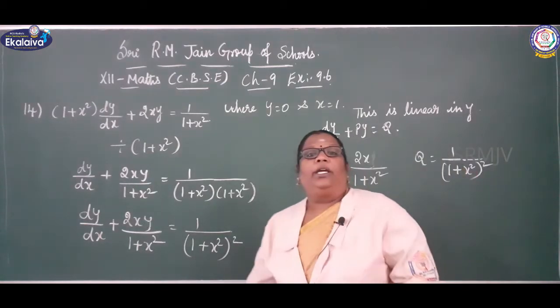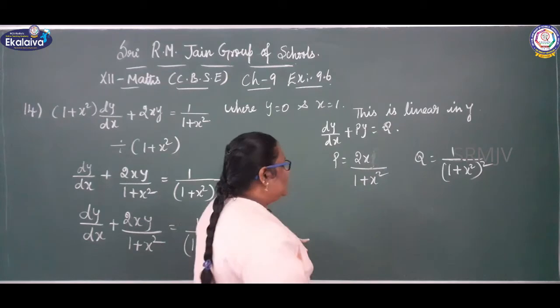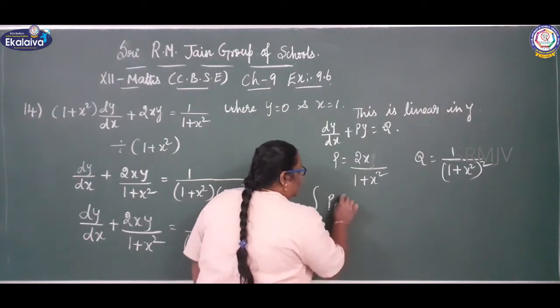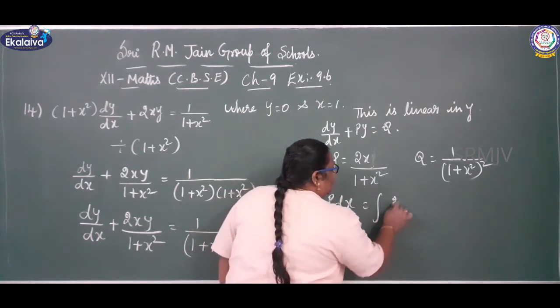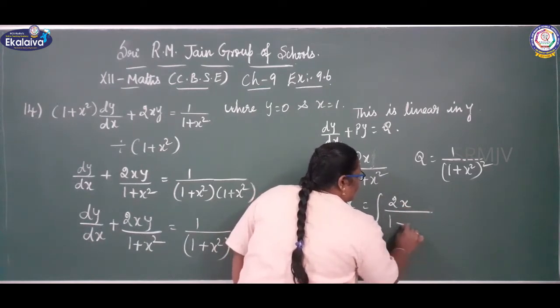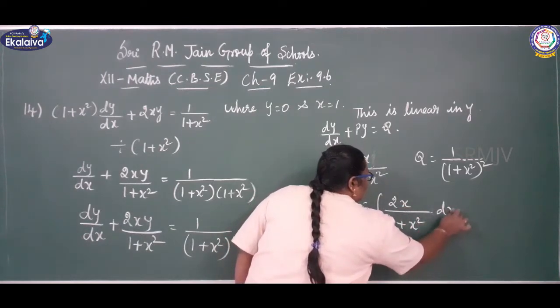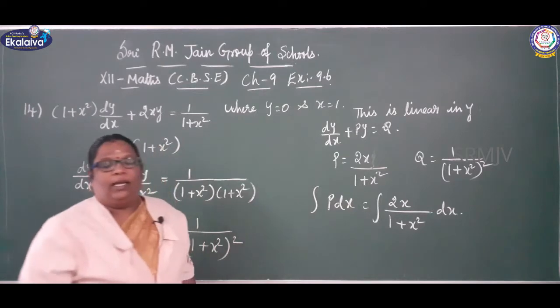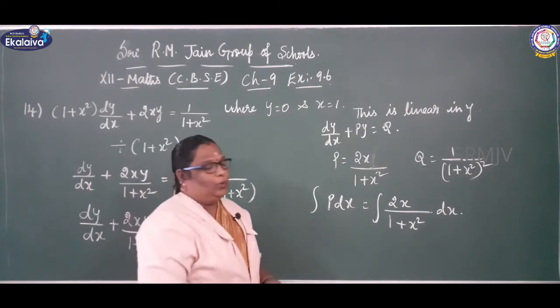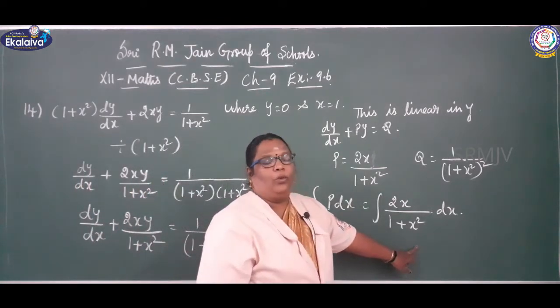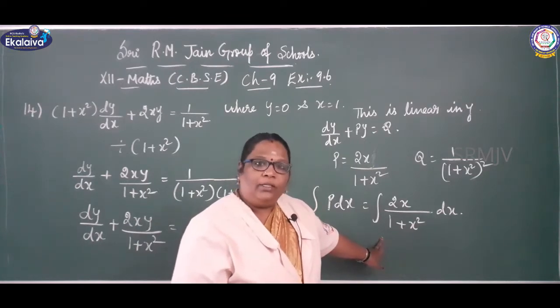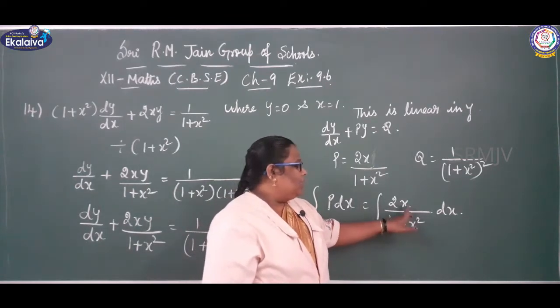Then we move on to the integrating factor, that is integral pdx. Integral pdx equal to integral 2x by 1 plus x square into dx. See the denominator, this is 1 plus x square. What is the differentiation of 1? 0. X square is 2x.